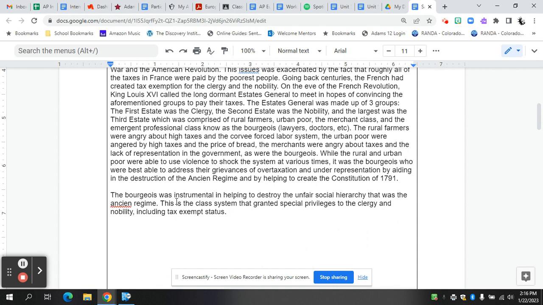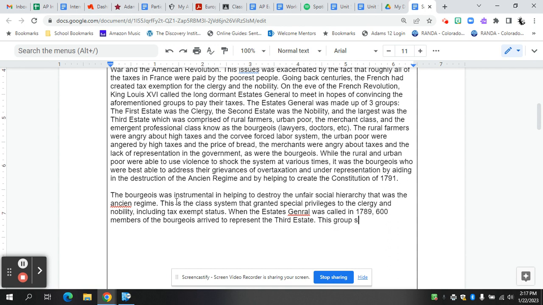Here we go. Let's break down how they started to break this out. When the Estates General was called in 1789, 600 members of, and then we'll go bourgeoisie here, arrived to represent the third estate.